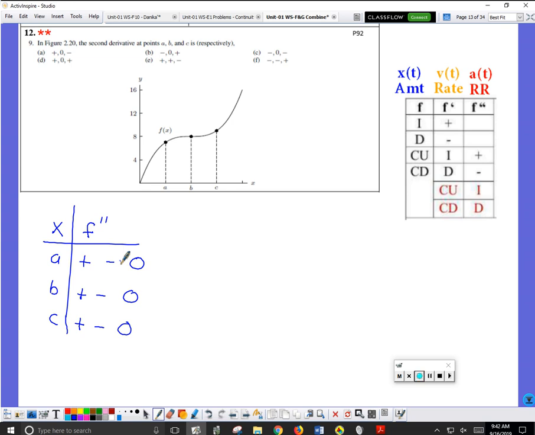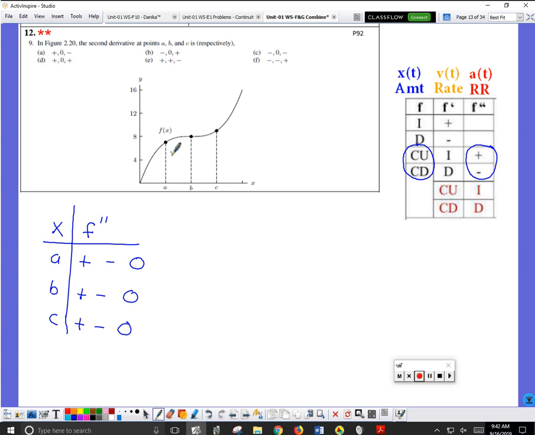So, Danica's chart says, if I'm looking at f and I want to know the positive, negative, or 0-ness of f double prime, I should be looking here, because the concavity of f tells me about the positive, negative, or 0-ness of f double prime.